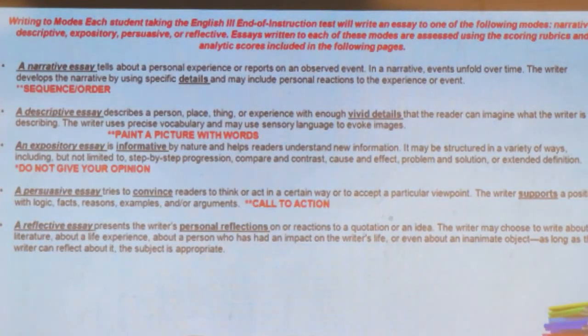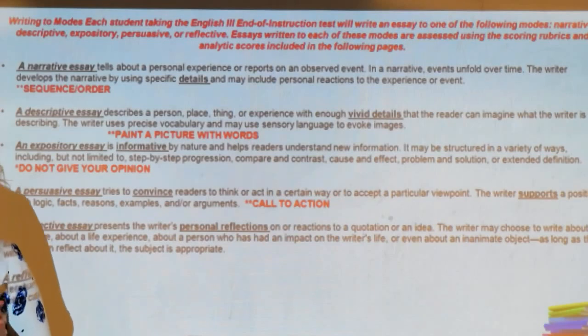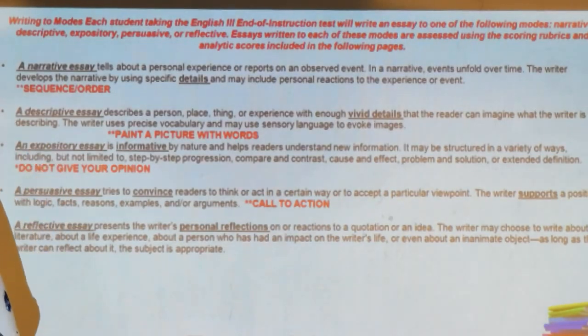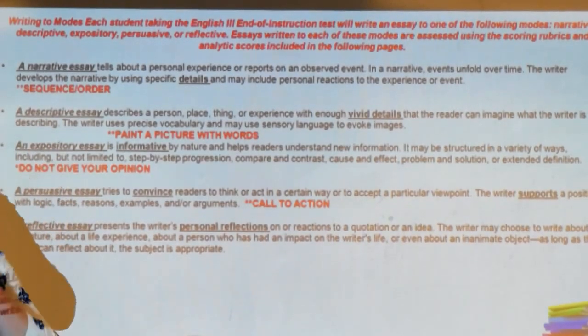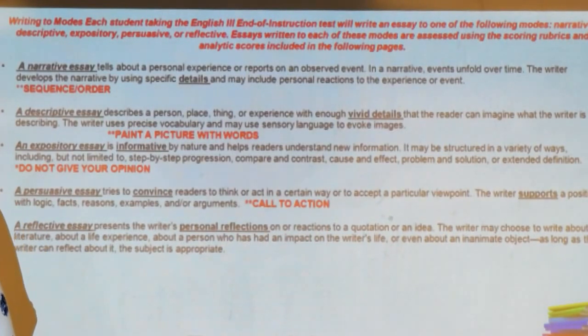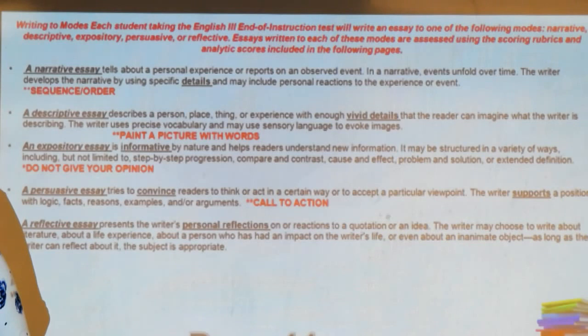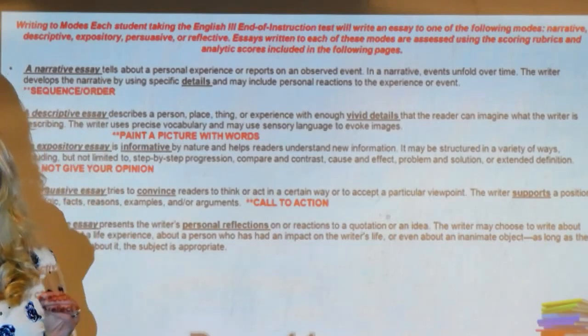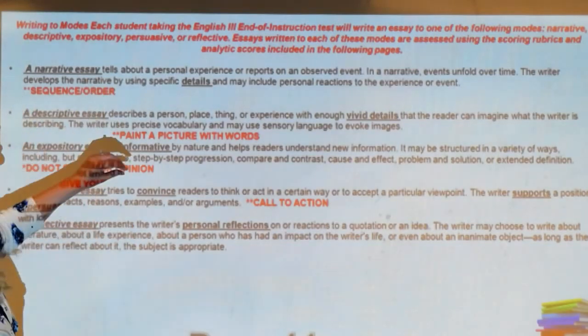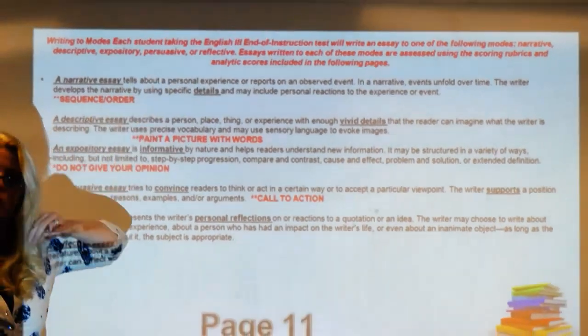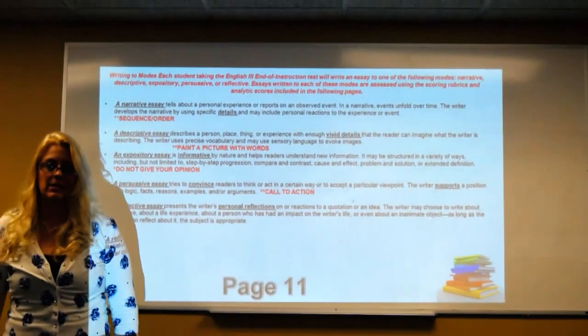A narrative essay tells about a personal experience. It's a story. And it is told as it unfolds over time. And the writer develops this narrative by using specific details that may include personal reactions to an experience or an event. The most important word in this description is details. Please circle the word details.